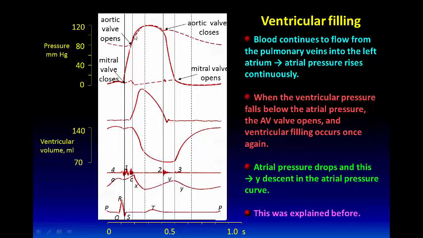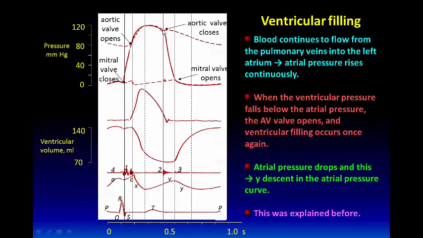The left ventricular pressure continues to rise during the rapid ejection phase and the early part of the slow ejection phase, and reaches a maximum value of 120 millimeters of mercury. Then it declines somewhat before the end of the ventricular systole.